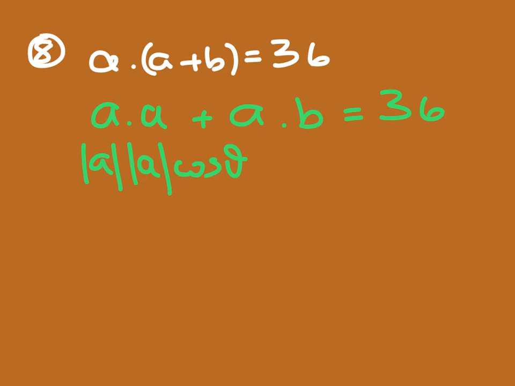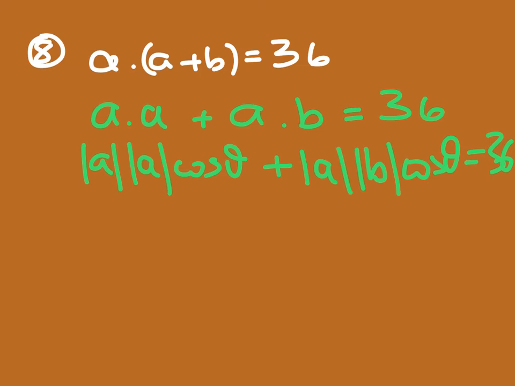A dot b, luckily for us, the question tells us... oh no, sorry, it's a different question, I'm getting mistaken. Right, sorry. A dot b is the length of a times the length of b times cos theta, and we know all of that's got to equal 36.